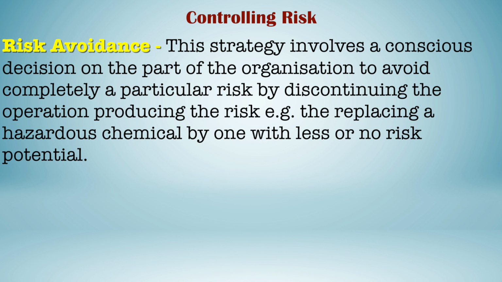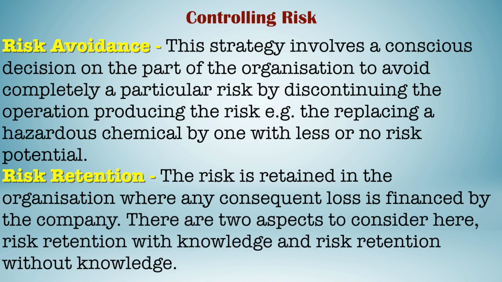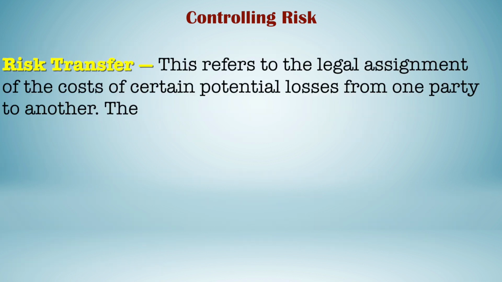Let us discuss another point, risk retention. In risk retention, any consequent loss is financed by the company. There are two aspects to consider here: risk retention with knowledge and risk retention without knowledge. Next point is risk transfer.